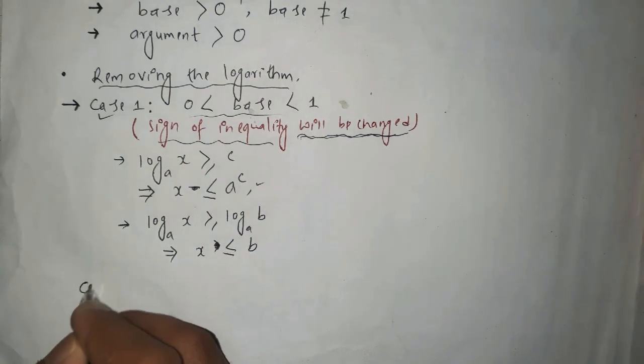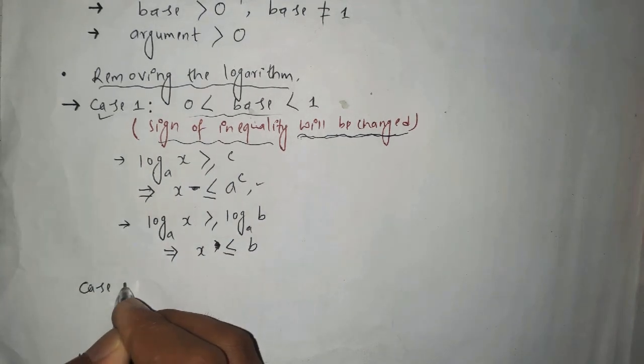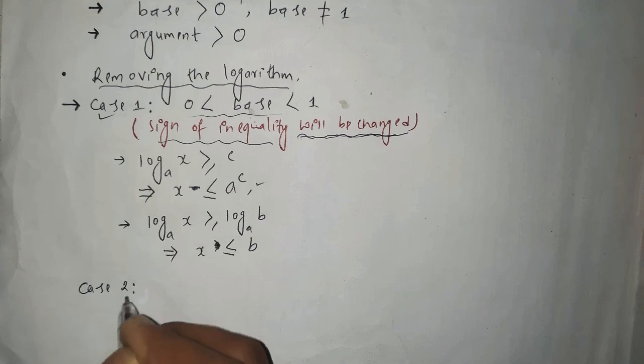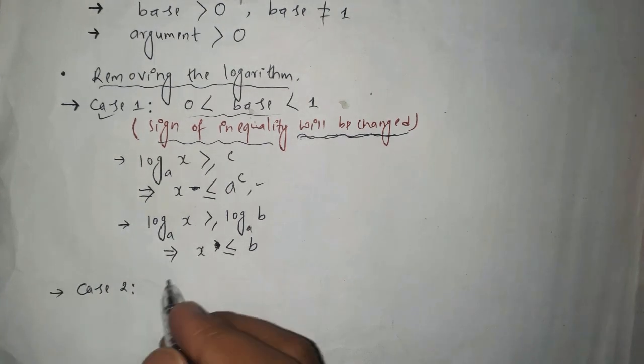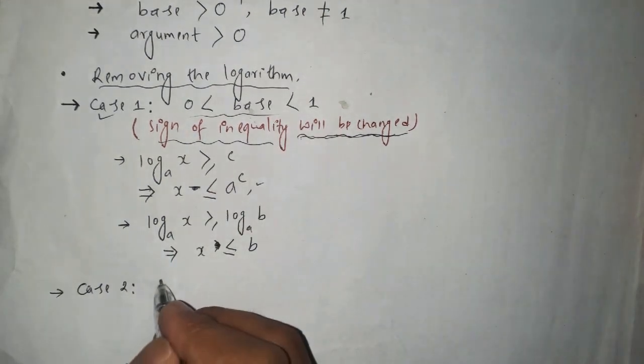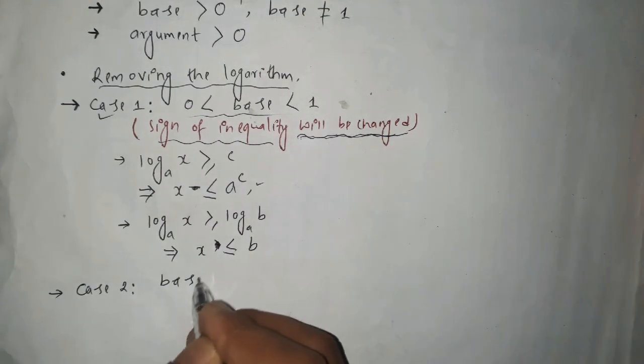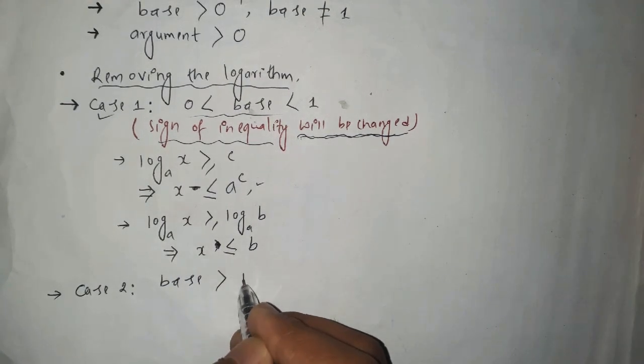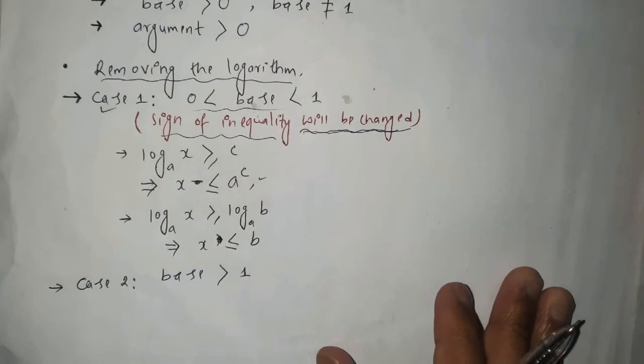And the second case, case 2, is if the base is greater than 1. The base cannot be 1.